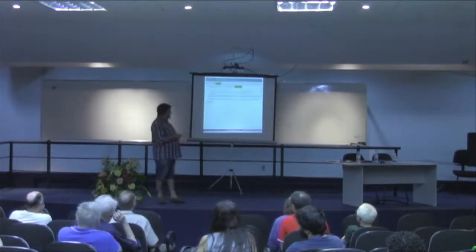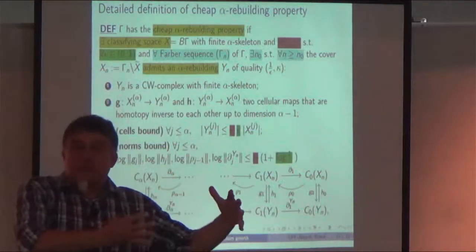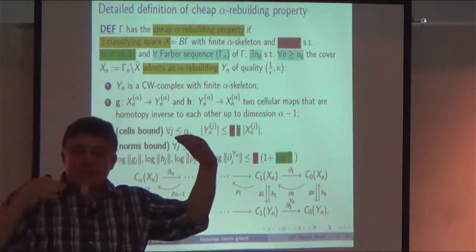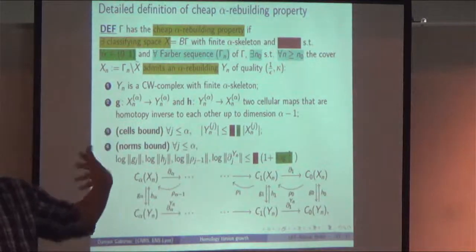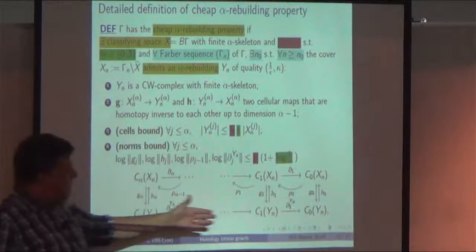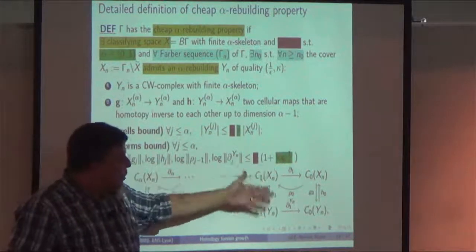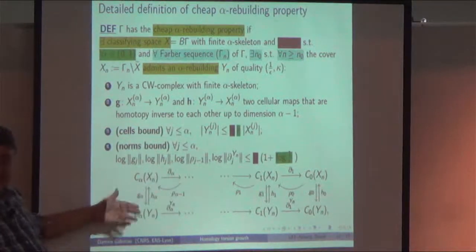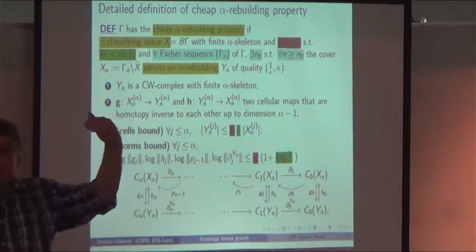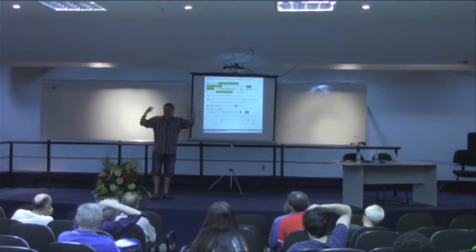Yes. So you change the cellulation. You take a space which is homotopy equivalent to X tilde mod gamma n. Right. So if it is homotopy equivalent, then at the level of homology or chains, you have this homotopy equivalence of complexes. Right. Okay. And so up to degree alpha, you have finitely many cells.